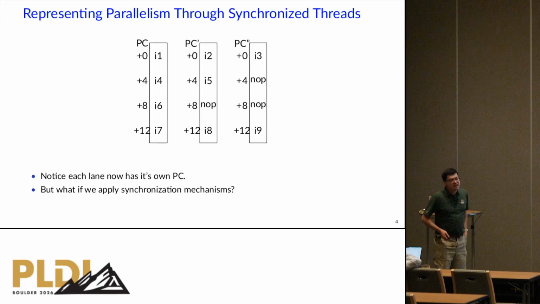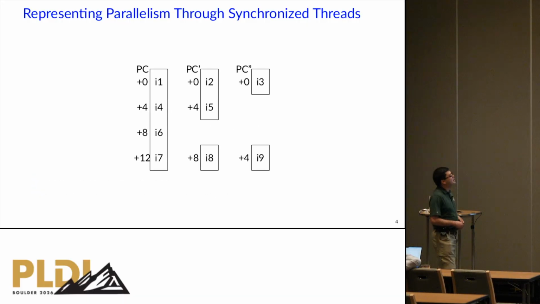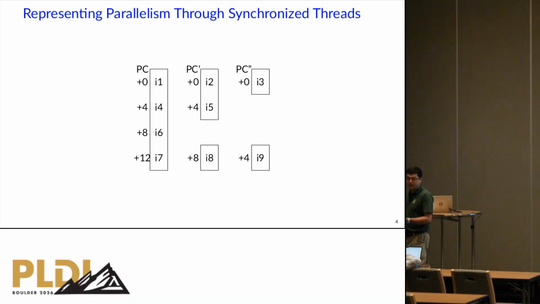What if instead we just have multiple PCs? Each one is going to run in parallel in lockstep. You notice each lane has its own PC. And then what happens if we apply some simple synchronization mechanisms, just the ability for lanes to turn off and on again when they're told to? In that scenario, what we find is that we can basically eliminate most of the no-ops, if not all of them.